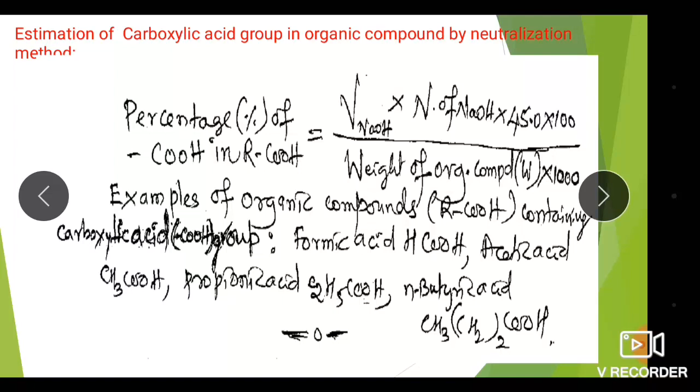With the help of a formula, we can determine the amount or percentage of carboxylic group present in the given organic compound.